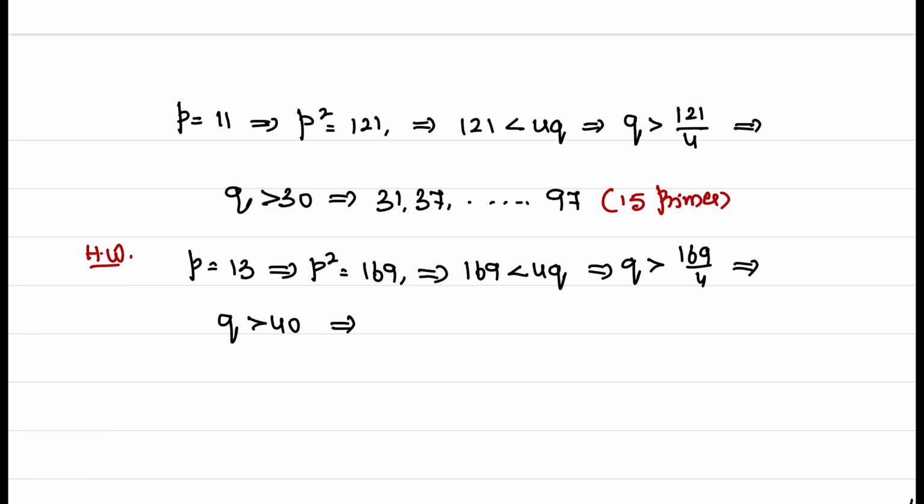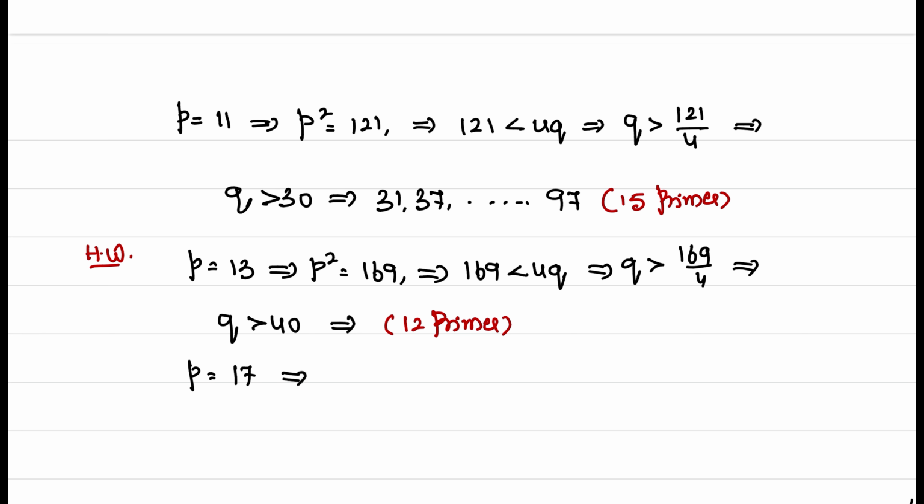That implies there are 12 primes. Please check it. It is homework for you. Mathematics, if you do it yourself, you will learn. I have done much, you do the remaining.